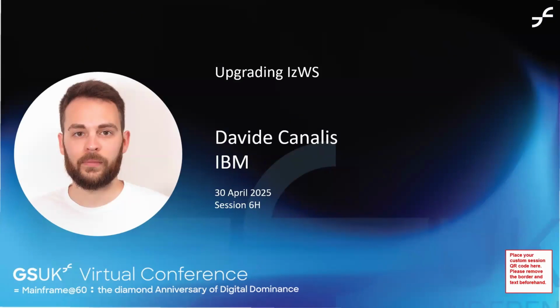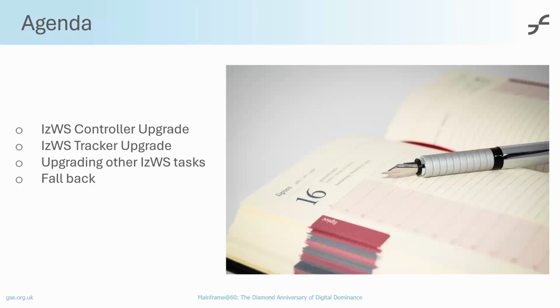So today's session, 6H, will be about IzWS upgrade. And so I will say, let's start with the agenda. So basically, this presentation will focus on those 4 sections. First, we will mainly focus on the controller upgrade.